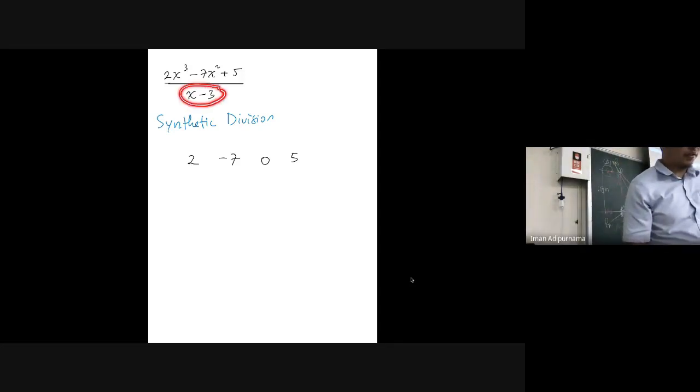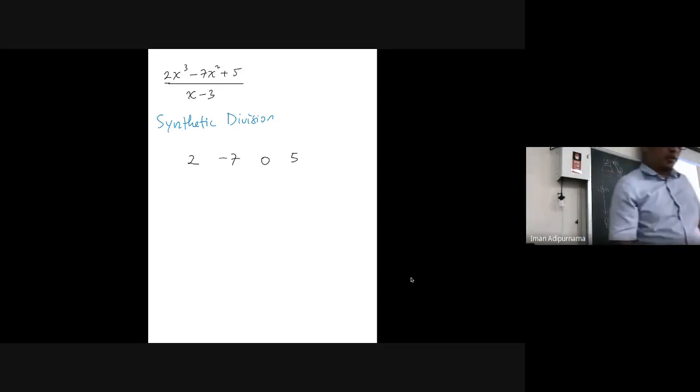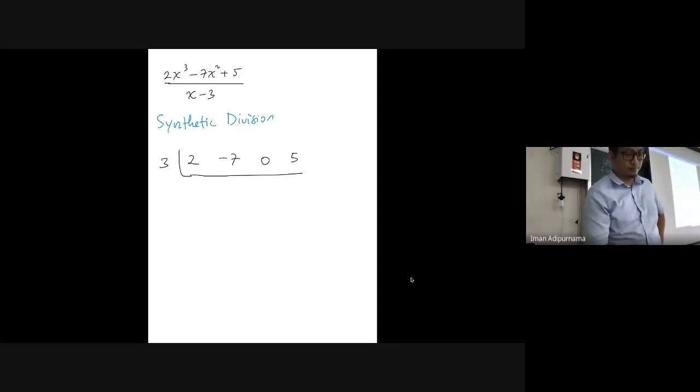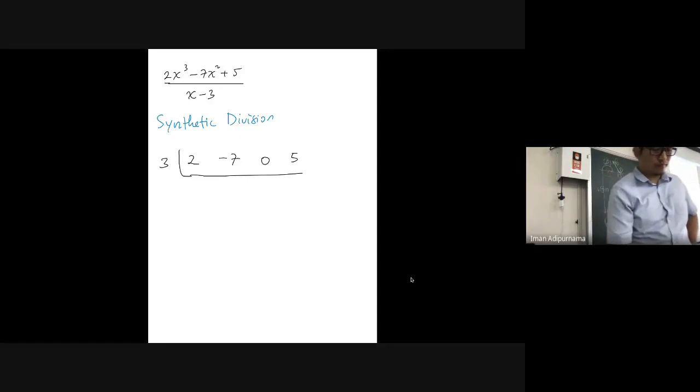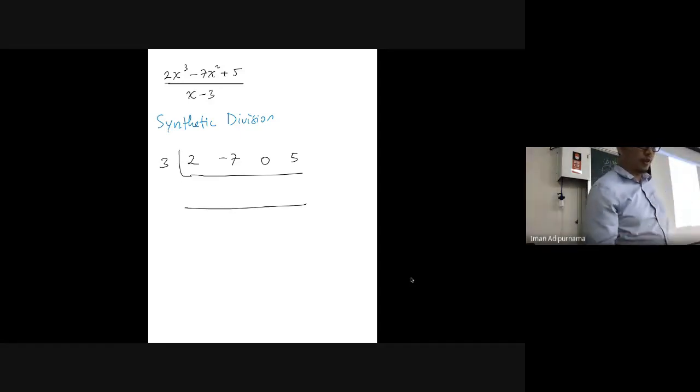X minus 3, if you set it equal to 0, the solution is x equals 3. So let's just write 3 here. And here's how you do synthetic division.